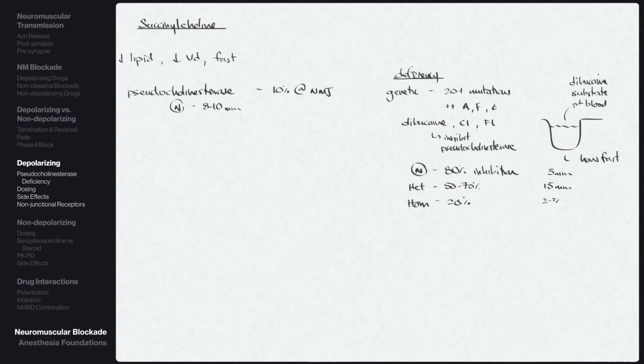This is a far greater amount of paralysis compared to our normal heterozygote populations. So it is very clear that even though we have maybe a half or quarter of our enzyme activity, we have an exponentially longer amount of apnea time or prolongation of our succinylcholine.